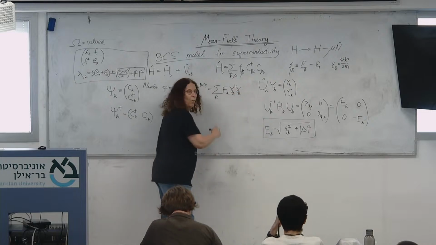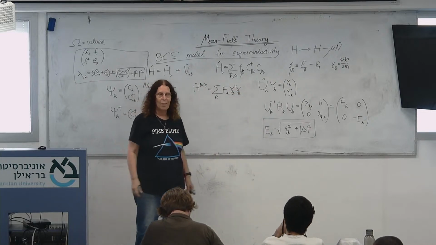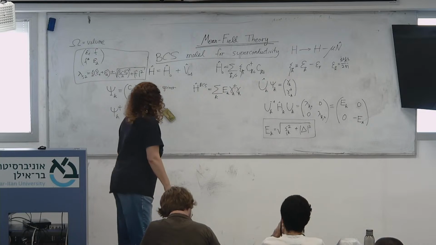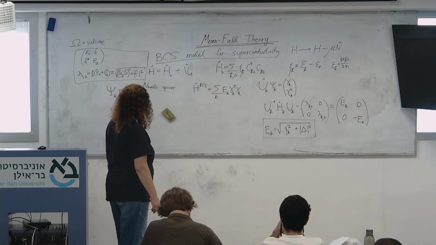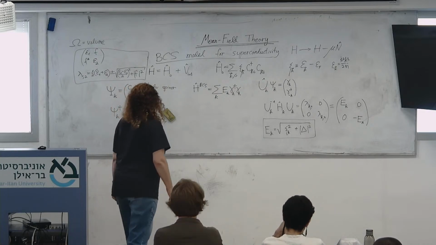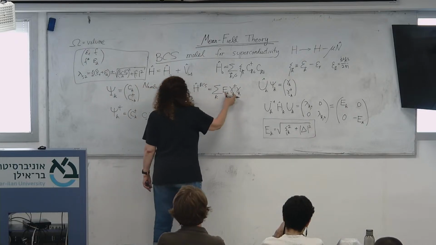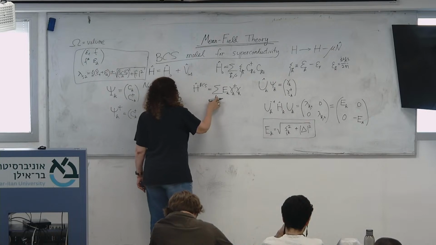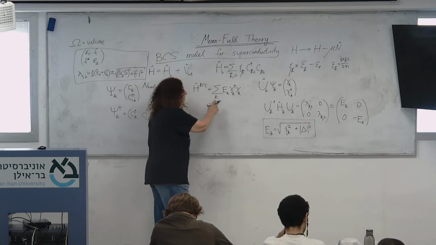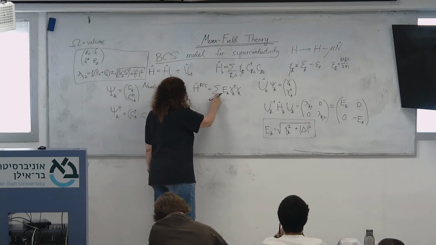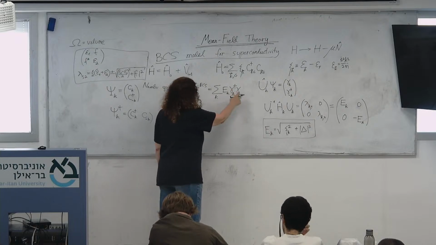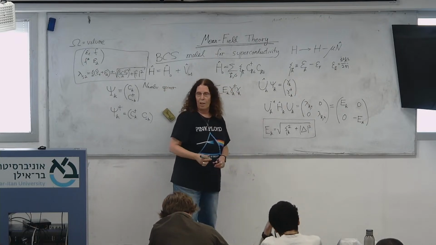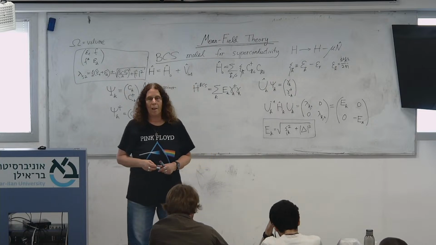This is how it looks, if I write it just as one term. Actually, if you like, I can even bring back the spin here and write it as a sum over k vector and sigma, and the gamma with a sigma, but let's leave it like this, okay?